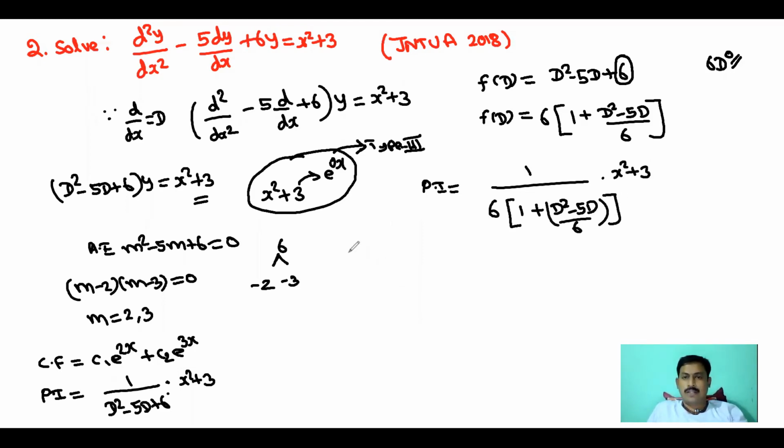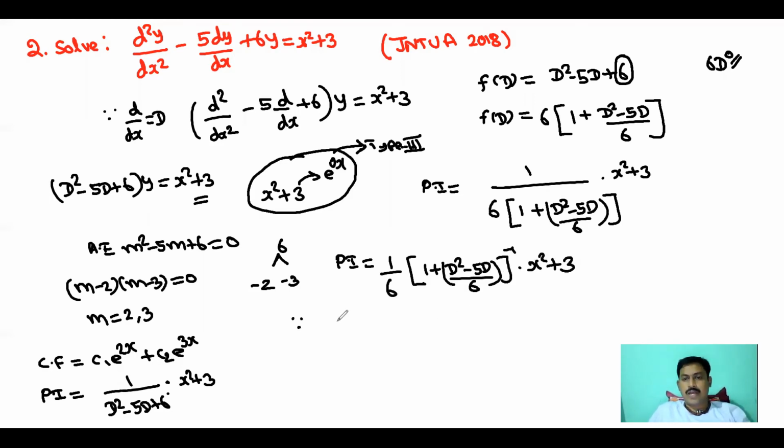Now I will take the term to the numerator and write it as 1 by 6 into (1 plus (D square minus 5D) by 6) the whole inverse into x square plus 3. So this looks like (1 plus D) the whole inverse.